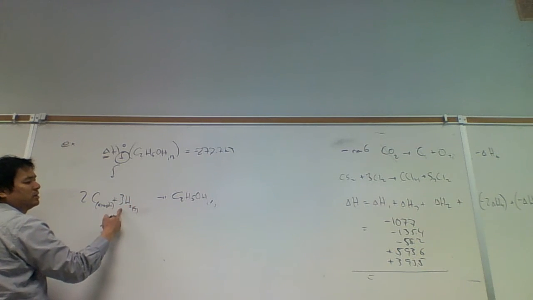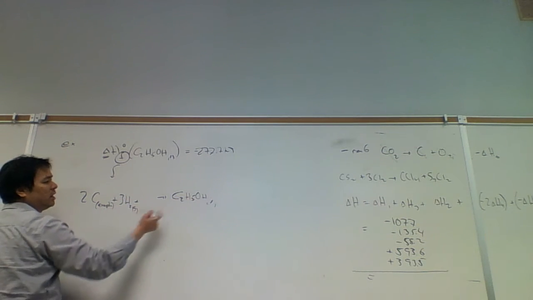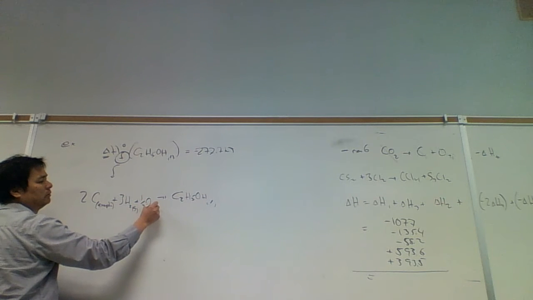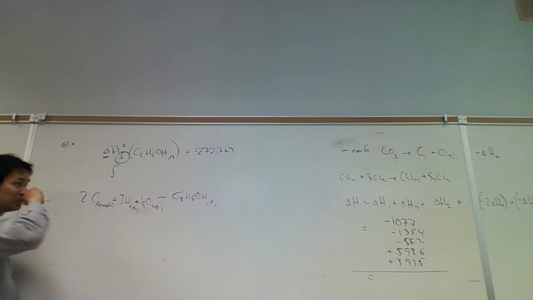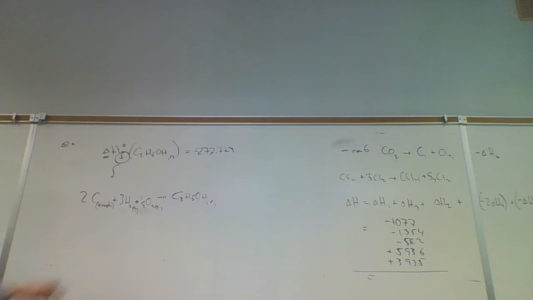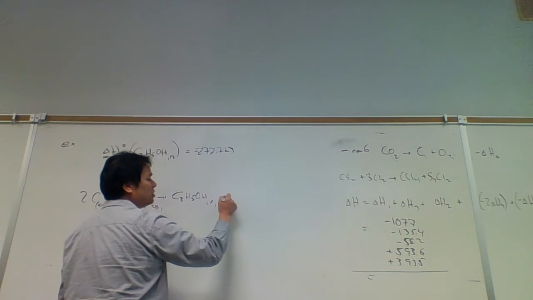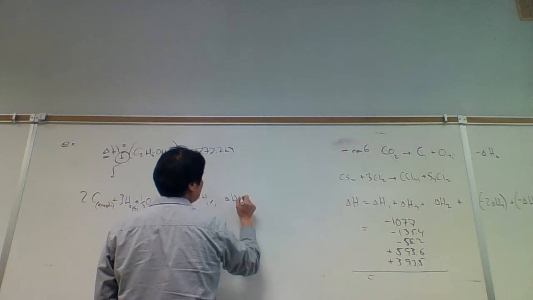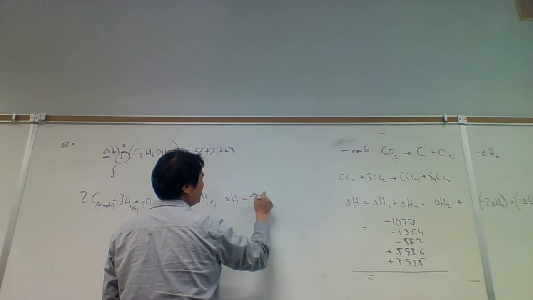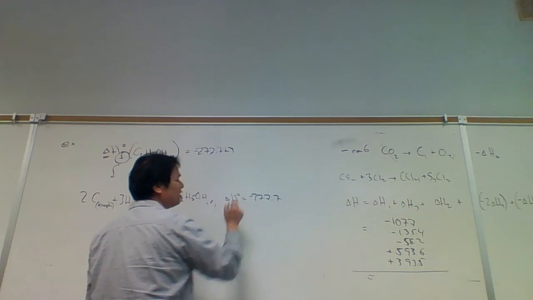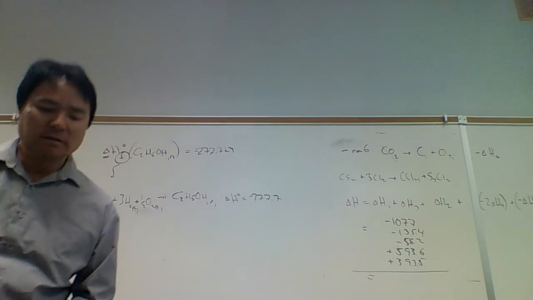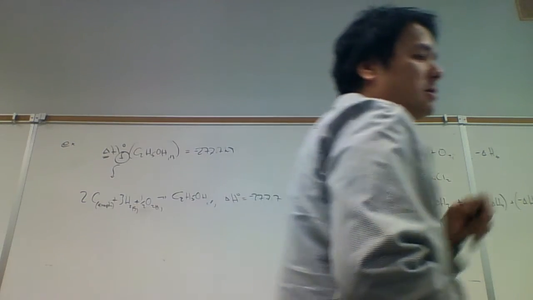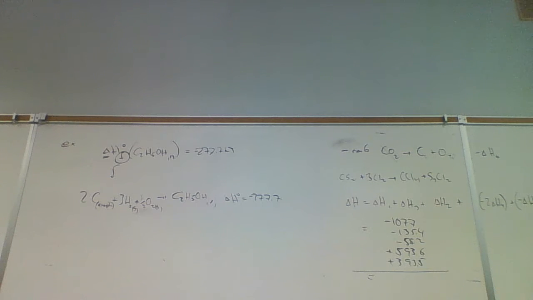H2 would be the standard state of hydrogen, plus 1 oxygen, so I'll need half an O2. And so this would be the reaction, or this would be our initial, this would be our final, and the change in enthalpy, the change in total energy plus the PV state, would be minus 277.7. This is under standard conditions, so that would be delta H. Standard conditions for this just means that the gases are 1 bar or 1 atmosphere.